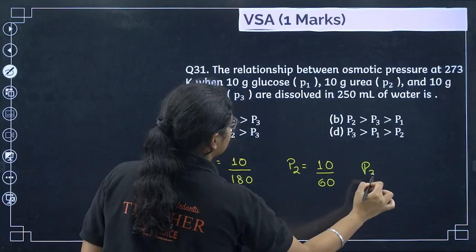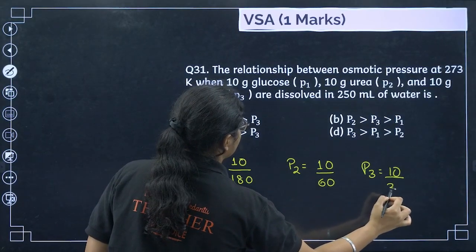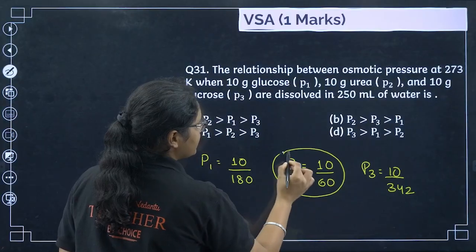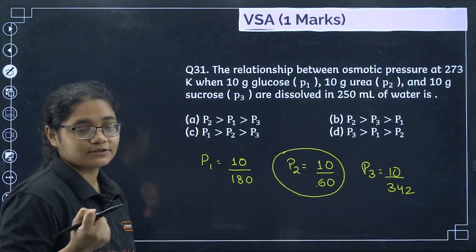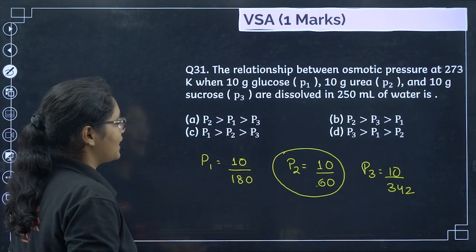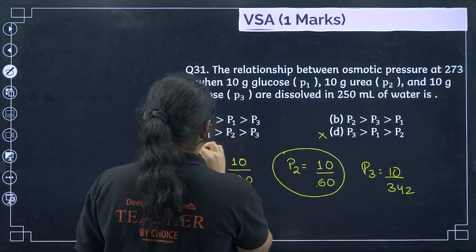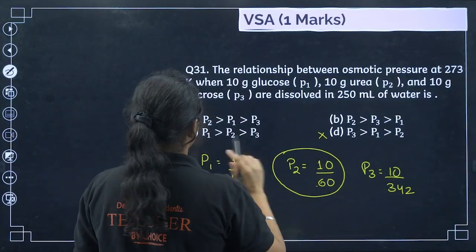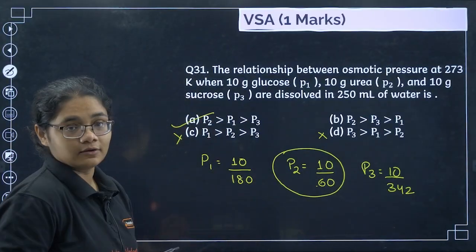And then I have P3 which is 10 by 342. Right? Now if you see, this is the one which is having least denominator, so it will have the highest osmotic pressure value. P2 will be highest, so which I can eliminate here, and this P3 will be least. Okay, so P2, P1, P3, that is option number A here.